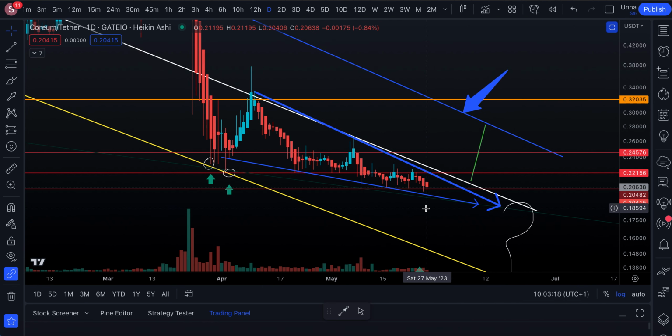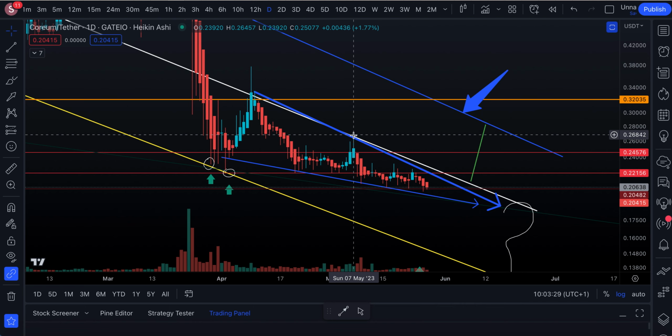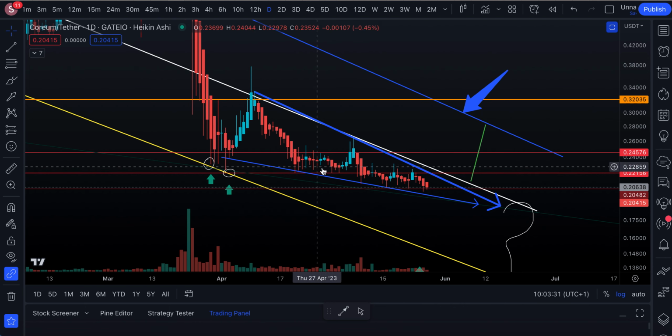So to me, my people, this is what I'm seeing. It looks like we're in a falling wedge, and we can see that the resistance line is steeper than the support line.